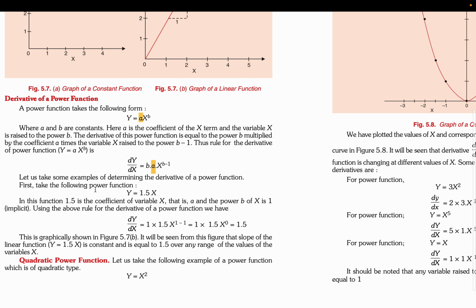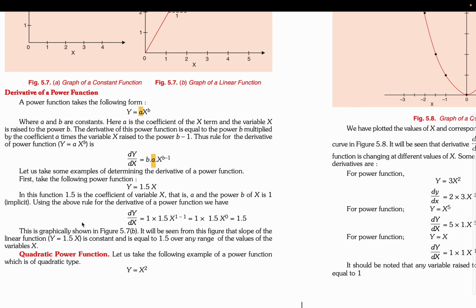Let us take some examples of determining the derivative of a power function. In the function, 1.5 is the coefficient of the variable x, that is a, and the power b of x is 1, implicit, right? So it's implicit that it's going to be 1.